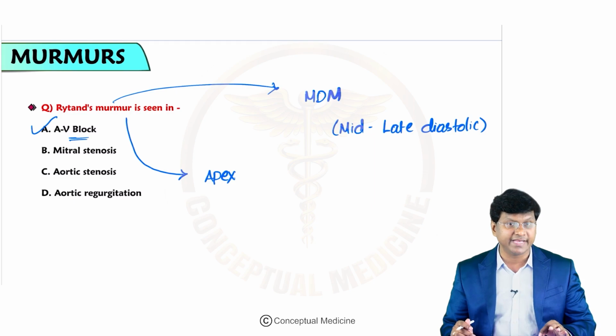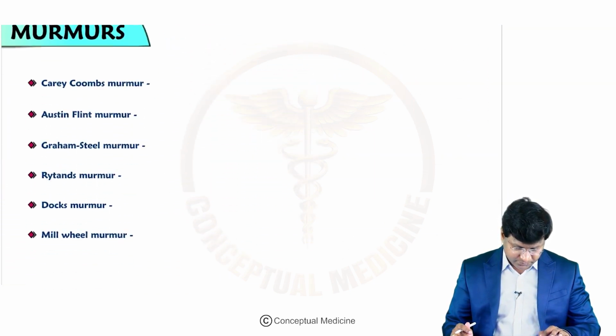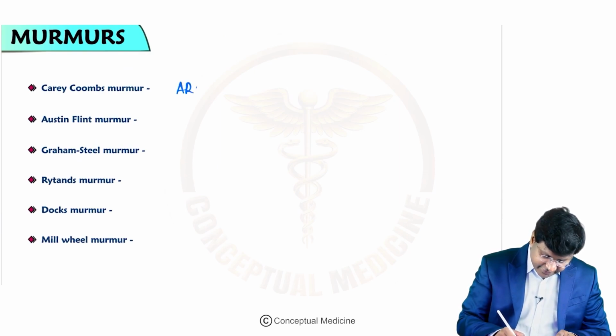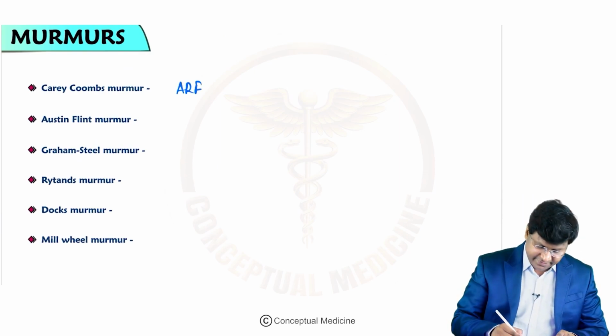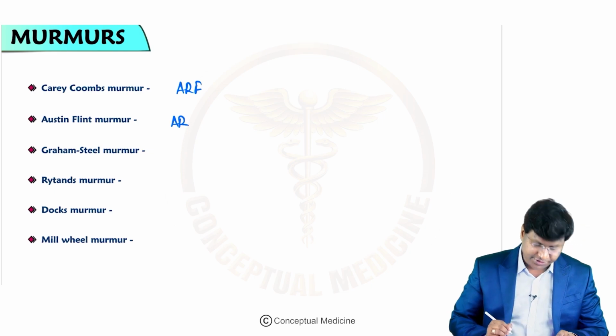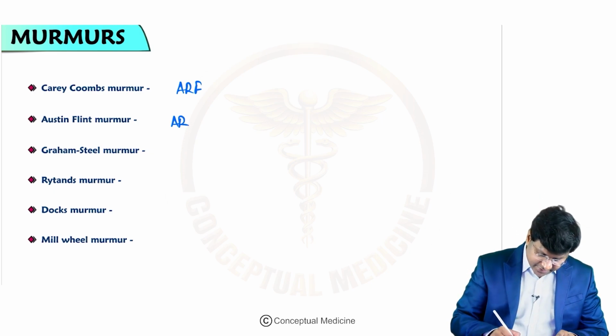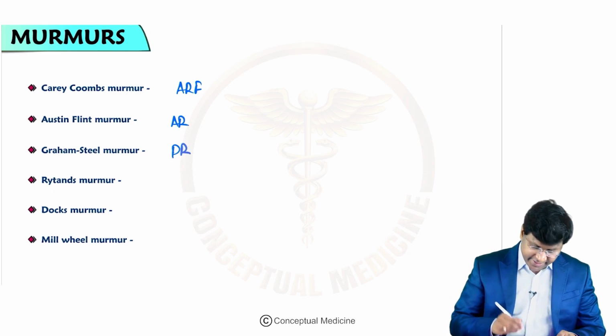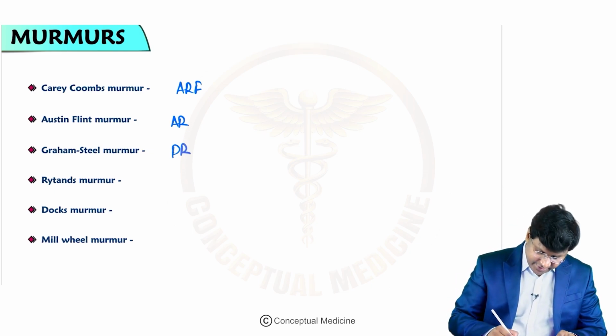So if you take all the named murmurs, Carey-Coombs murmur is heard in acute rheumatic fever. Austin Flint murmur is seen in aortic regurgitation. Graham-Steell's murmur is heard in patients with pulmonary regurgitation. Rytand murmur is seen in complete AV block.